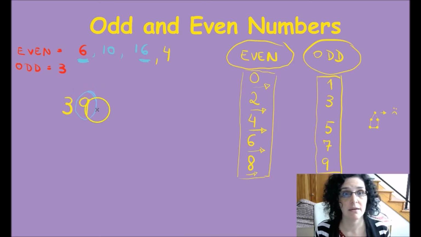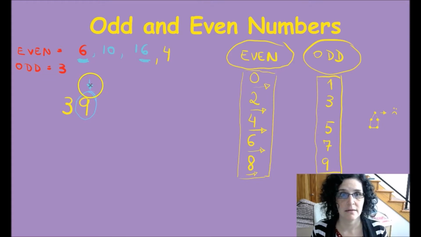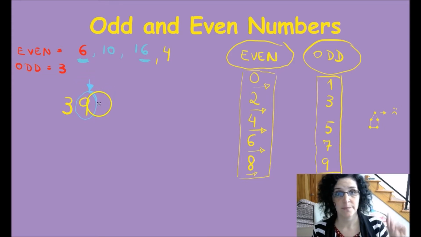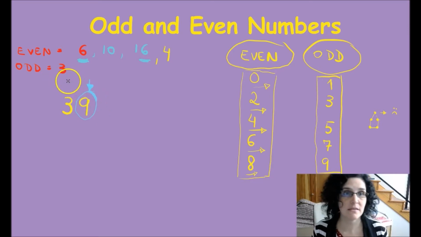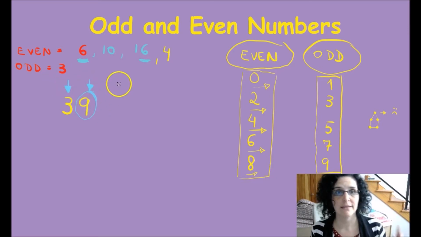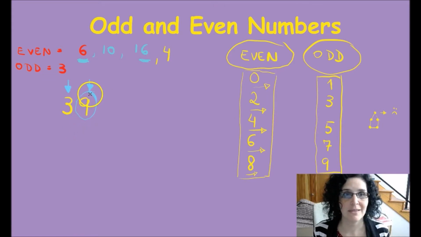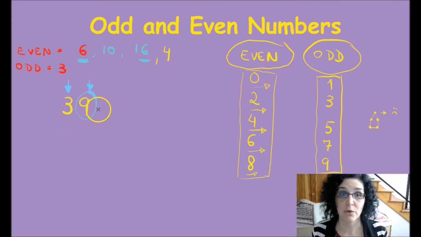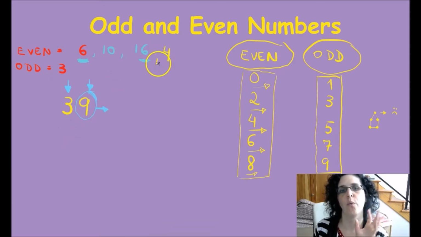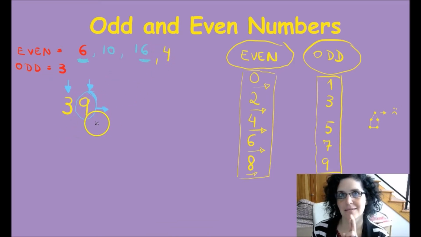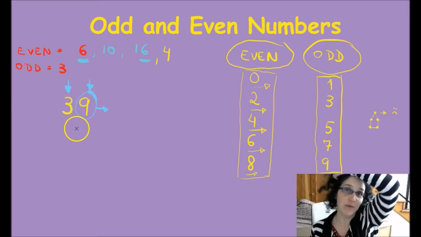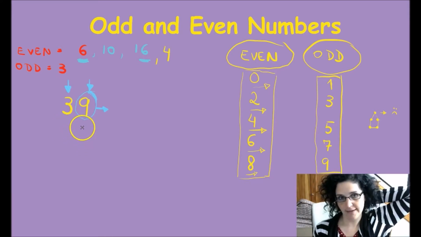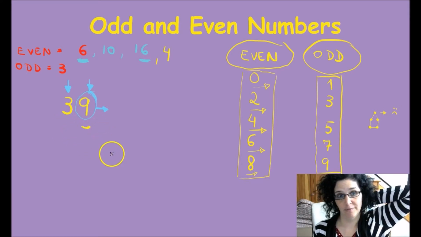My ones tell me that there are 9 units plus 3 tens, 3 groups of 10. So these 9 units are the ones I'm going to be looking at. Why is that? That's a good question. Why do we look at the last digit only?